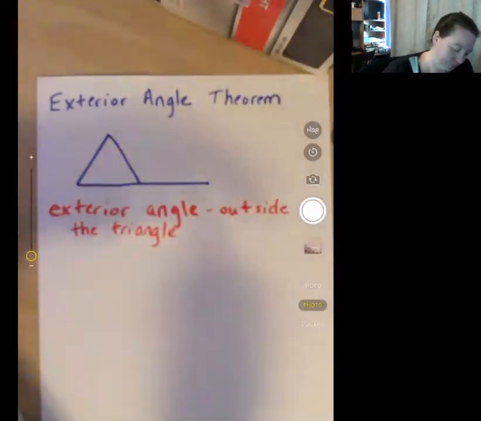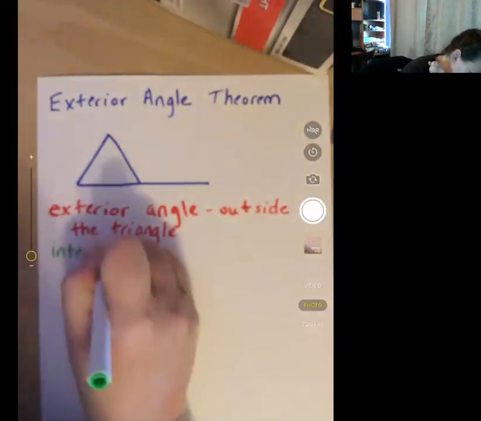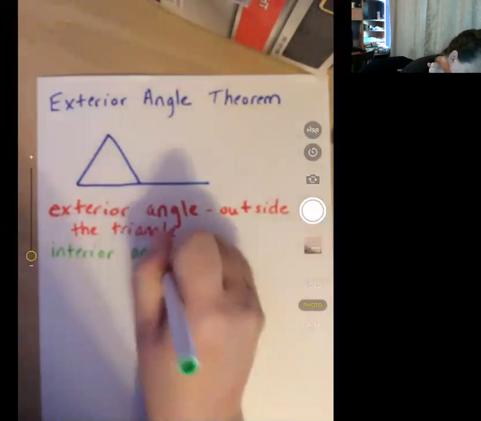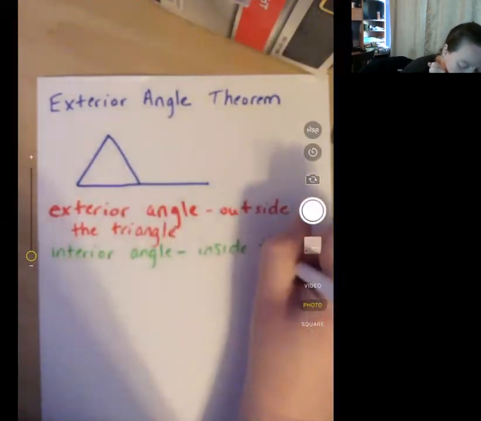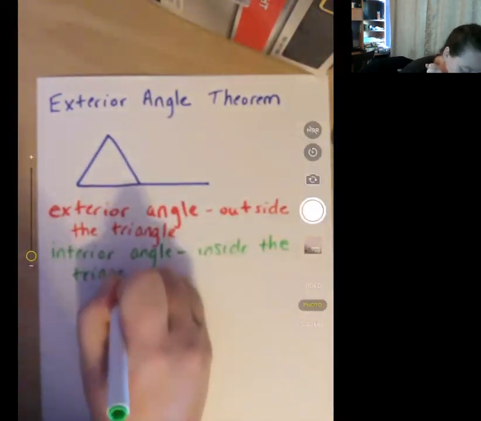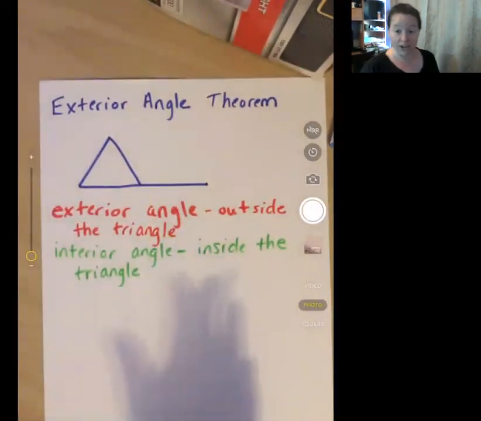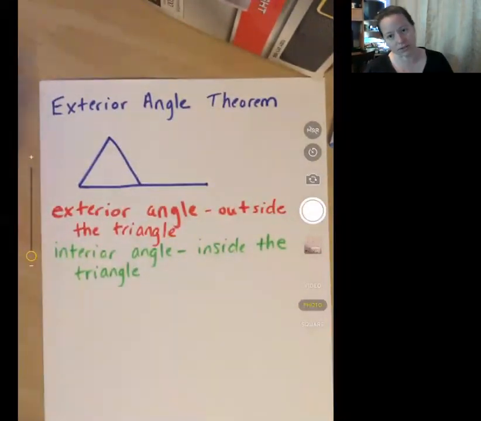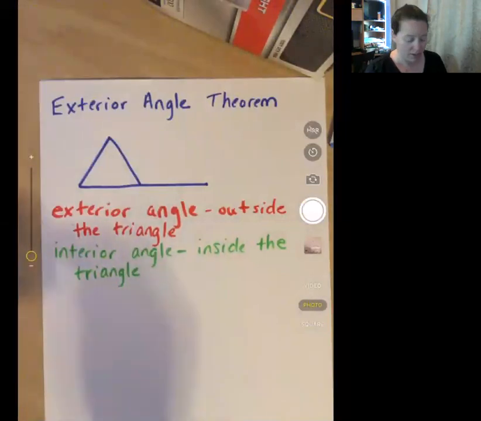Interior angle is inside the triangle. The exterior angle is outside because exterior is the outside. The interior is inside because interior means inside.